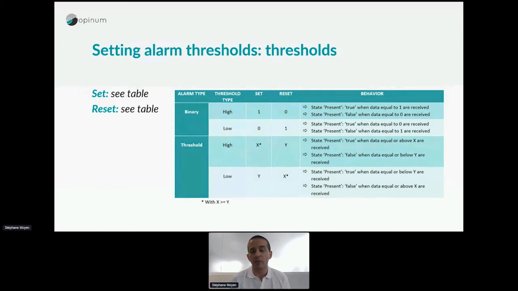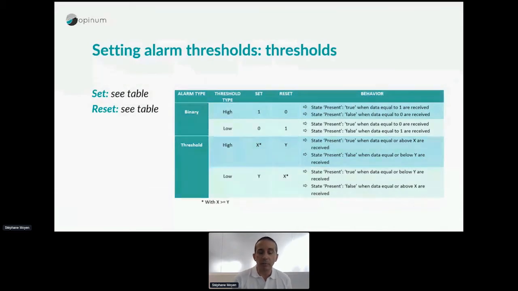So the set value is going to be 1, and the reset value is going to be 0. So the alarm will be reset when the value is 0. If you set up a low type, the set value is going to be 0, and the reset value is going to be 1. So the alarm will be present when the value is 0, is the set value 0.